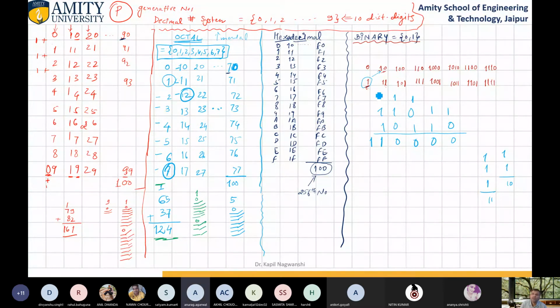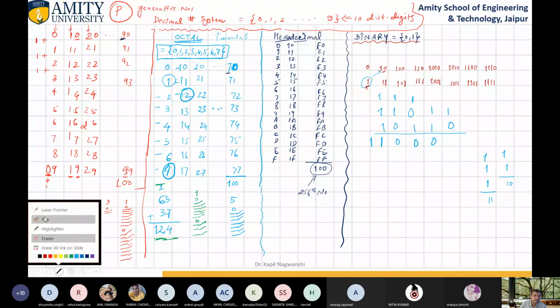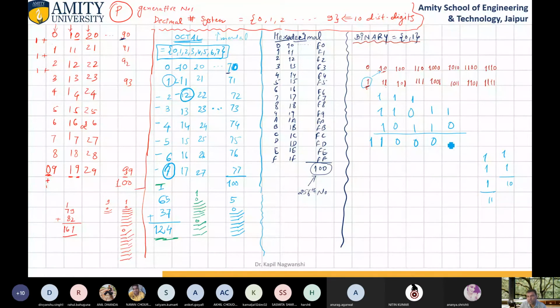But 1 plus 0 should be 1, right? Yes, it is 1. Right, right. Oh, this is my mistake. There is no problem. Yes. Great. 1 plus 0 is 1. 1 plus 1 is okay. This is a mistake I had made. Okay. Now is it clear?